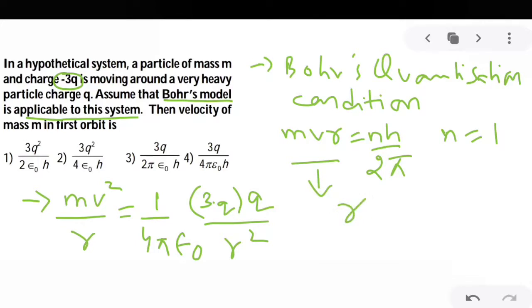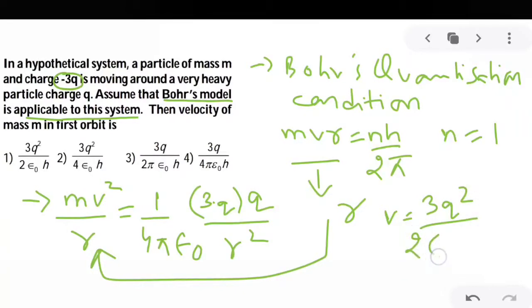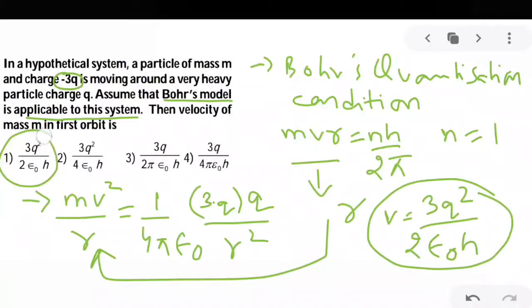Okay. And that r you substitute over here. Okay. Now if you do that calculation, you will get v is equal to 3q square divided by 2 epsilon naught h. Okay. So that matches with option 1. Okay. So option 1 is the correct answer.